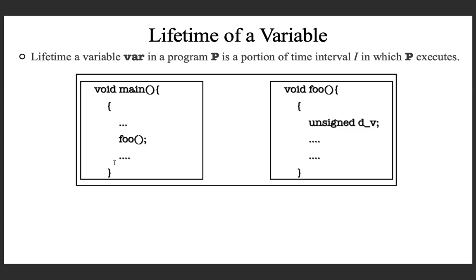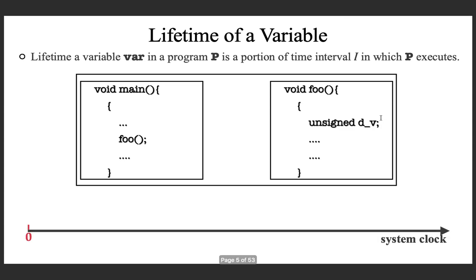And suppose we want to know what is the lifetime for the decimal variable v which is declared within the function foo. So it's actually defined in terms of execution time. So consider the system clock. Suppose this is the clock of your computer.